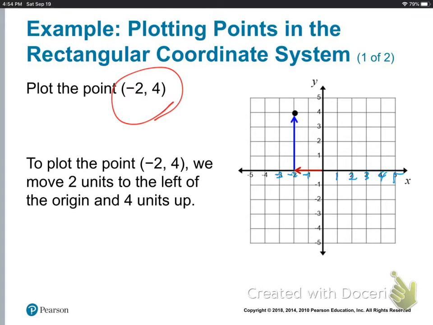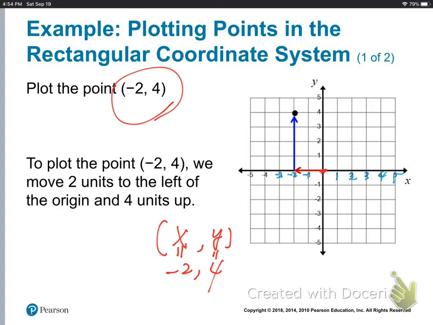For any point in the plane, because this is the xy plane, we use x comma y to stand for a point. The x-axis goes left and right, and the y-axis goes up and down. So what is negative 2 comma 4? That means x is negative 2 and y is 4. x is negative 2 means we go left 2 from the center.